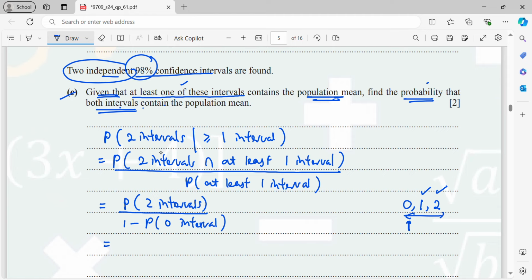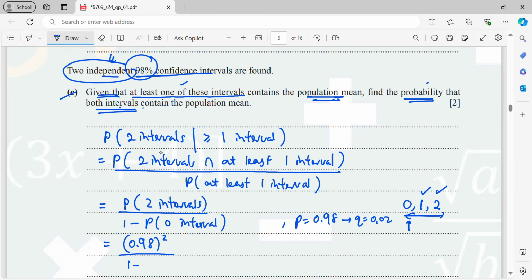Okay, so when P is 0.98, then the Q will be 0.02. So this is basically 0.98 for the first interval, and then you multiply with the second interval, because independence means that you multiply together, which is squared, over 1 minus no interval contains the population mean.